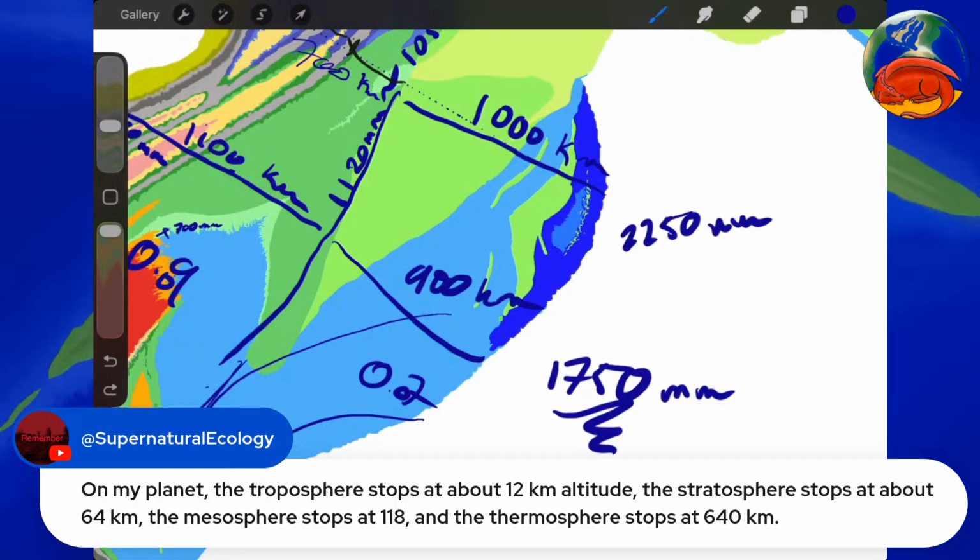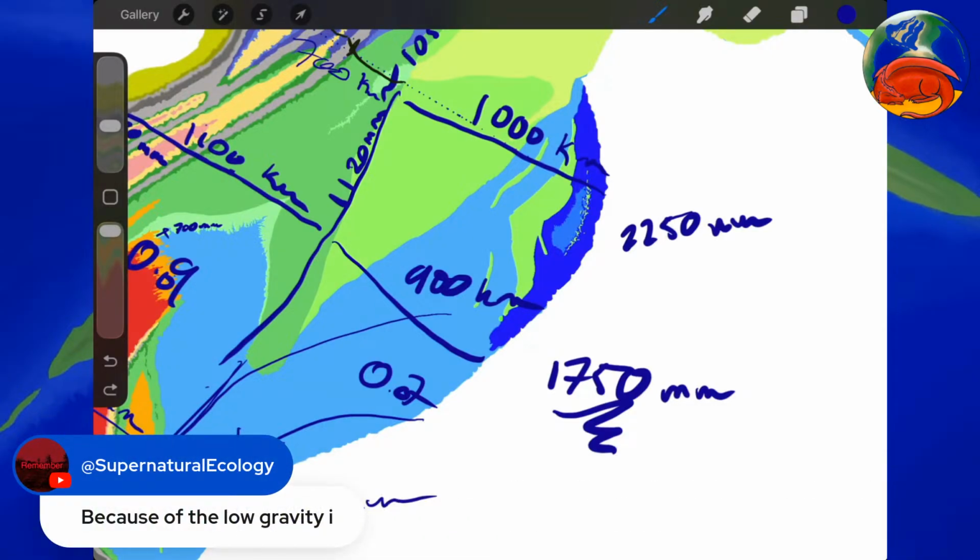And what do we got here? Oh, your troposphere stops higher because of low gravity. Well, you also got to worry about all your atmosphere floating away then. Or a leaf. Yeah, that makes sense.